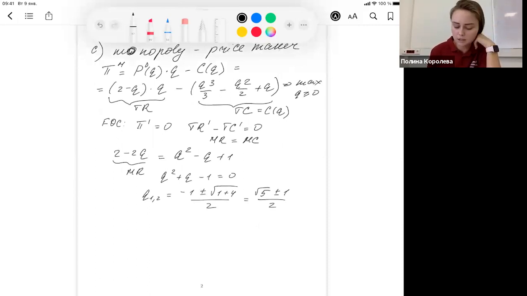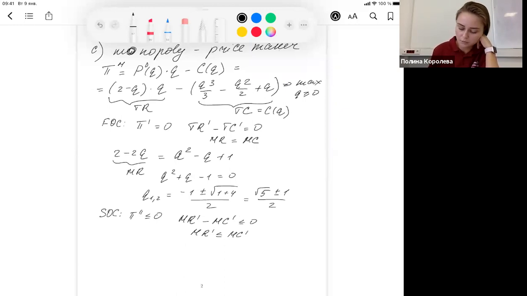How will we choose? We will check the second order condition. The second derivative for a maximum should be less or equal than 0. Or in our terms, marginal revenue prime minus marginal cost prime should be less or equal than 0. What does that mean? The slope of marginal revenue should be less or equal than the slope of the marginal cost function. The marginal revenue is a linear function with negative slope.